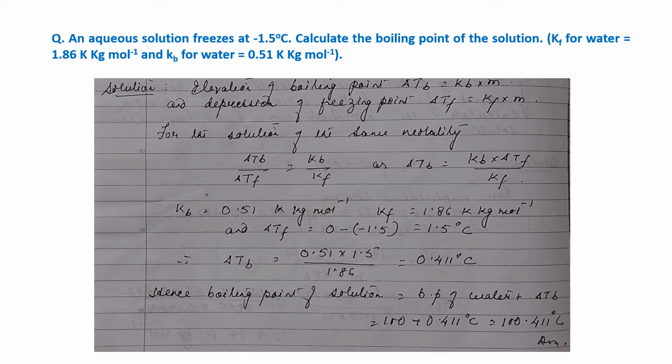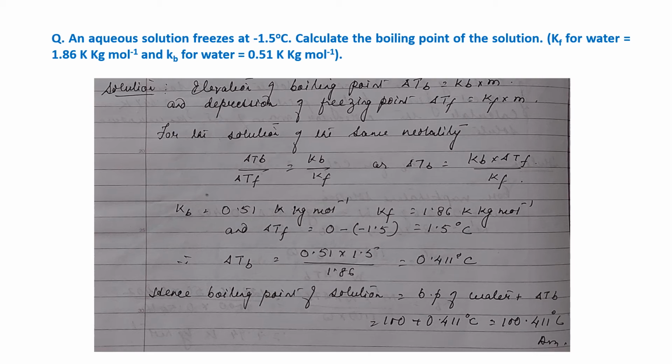So what you have to do? You have to find out the boiling point of the solution. Okay, it is given that an aqueous solution freezes at minus 1.5 degrees centigrade. Let us see how we have to go about this numerical.